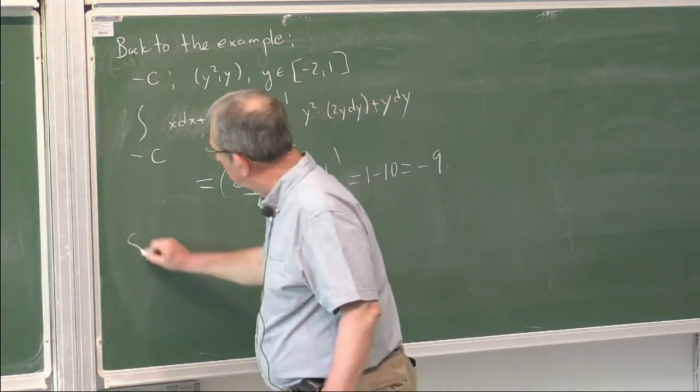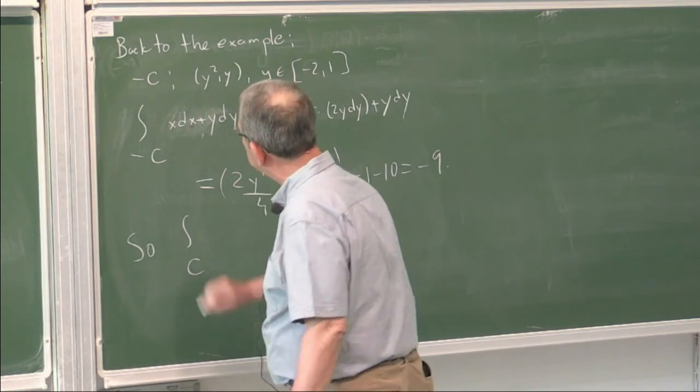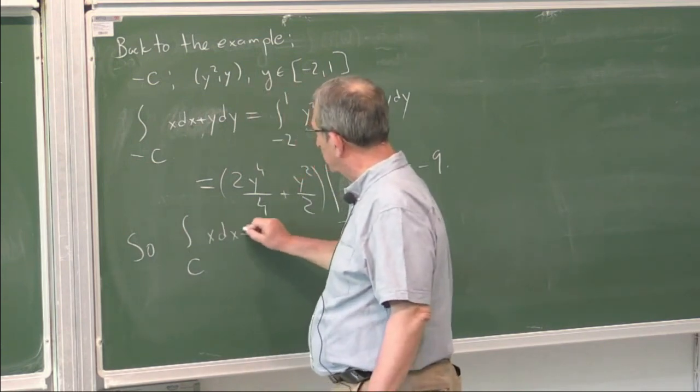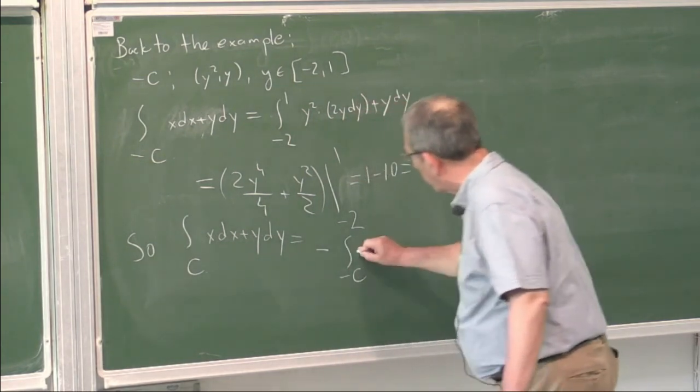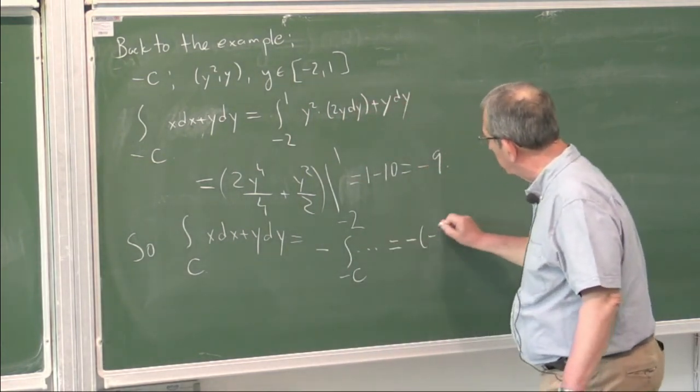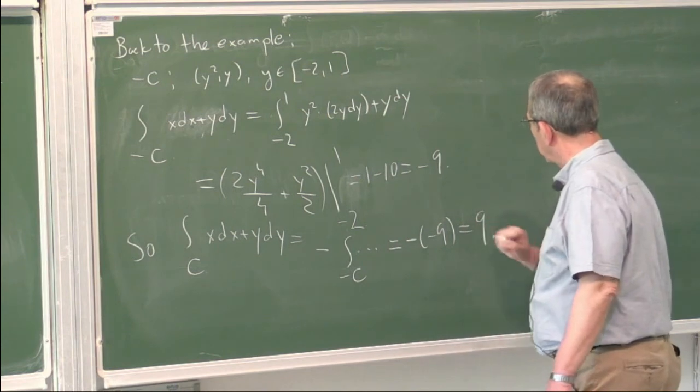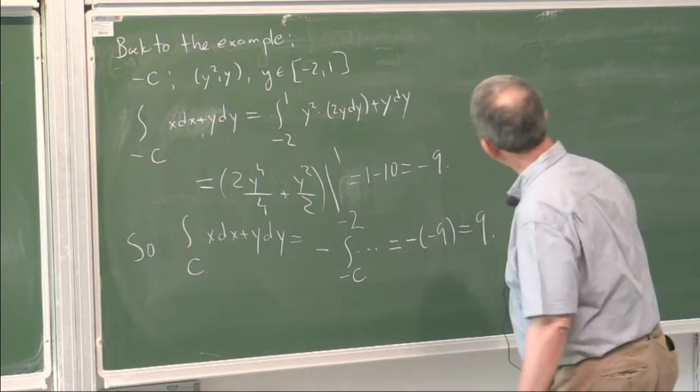But then the integral over C of x dx plus y dy would be minus the integral over -C. So that would be 9.